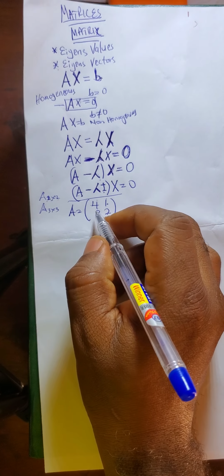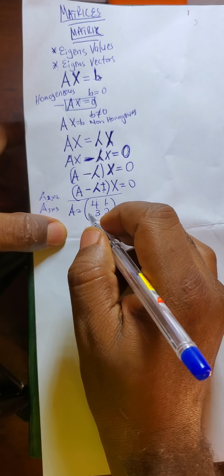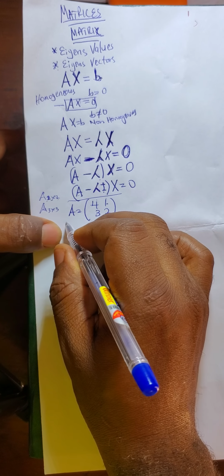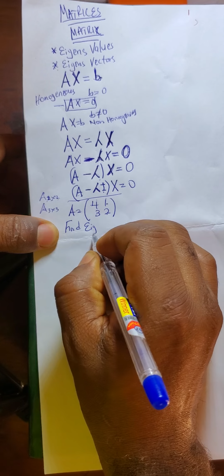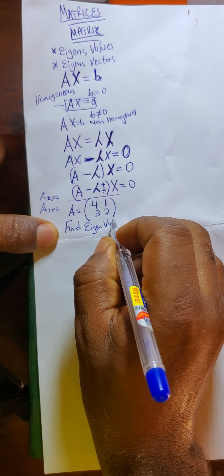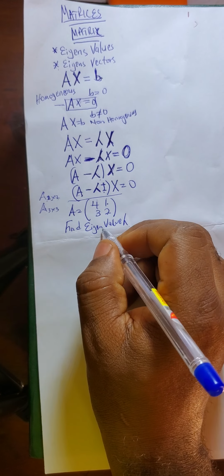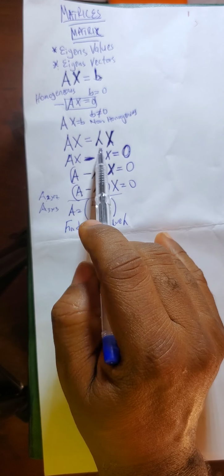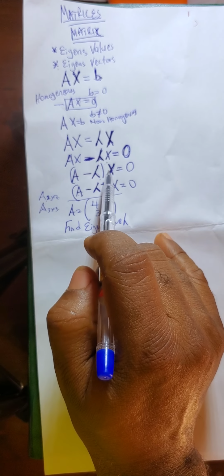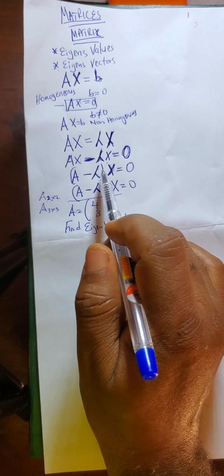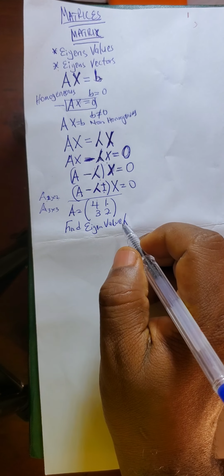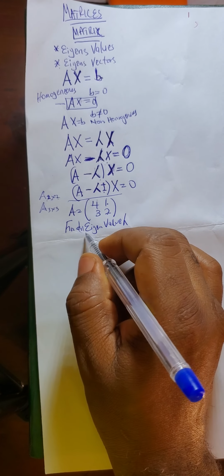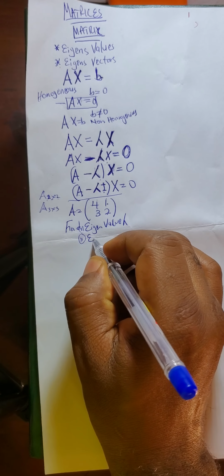We are given this matrix, and we are asked to find the eigenvalue lambda. If you look at this equation that we have here, this x stands for eigenvector, while this lambda stands for eigenvalue. So the second question says we should find the eigenvector.